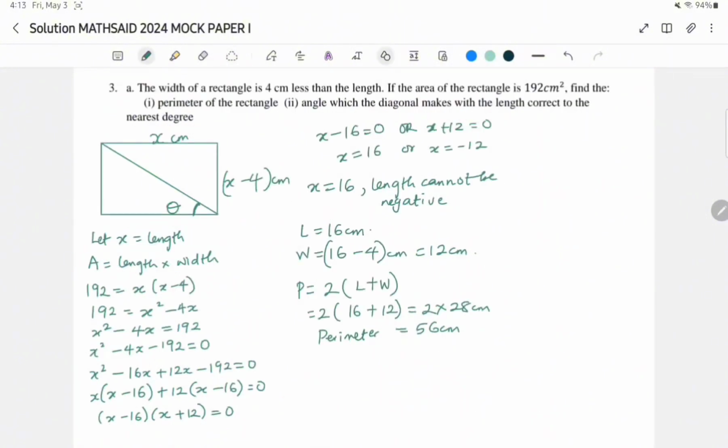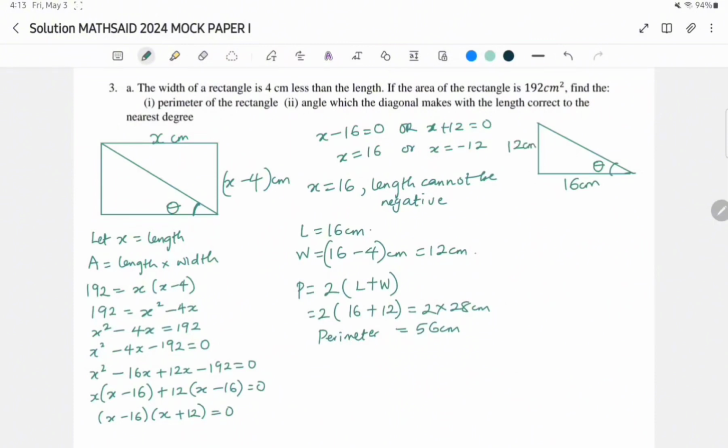If we bring out the triangle rather, this is the width, this is the length, and this is the diagonal. So this is theta, this is the length, which is 16 centimeters, and the diagonal, which we don't know, but we know the width, which is 12 centimeters.